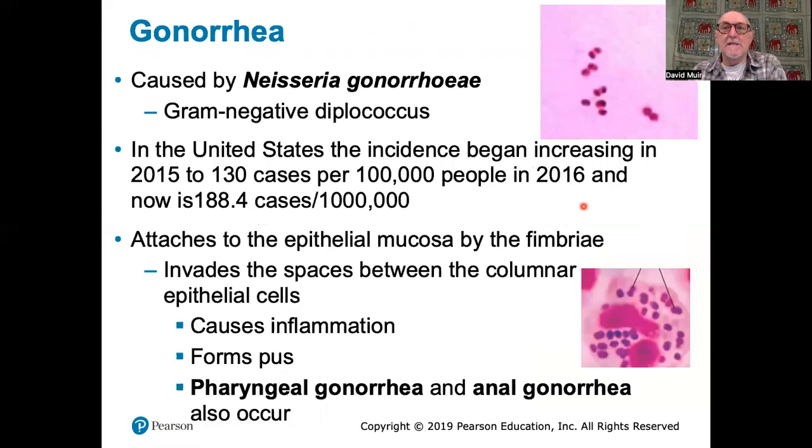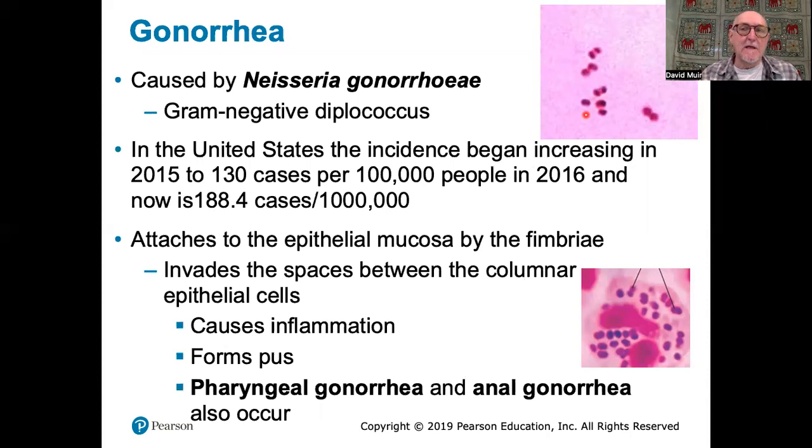So here's Neisseria gonorrhoeae. Here's a gram stain of it. You can see it's gram-negative, red, and in these little duplicate, little twos, the diplococcoid form. So gonorrhea was one of the diseases which we really regarded as being on its way out.